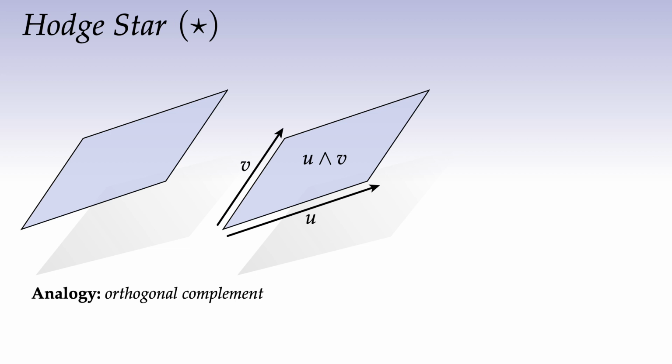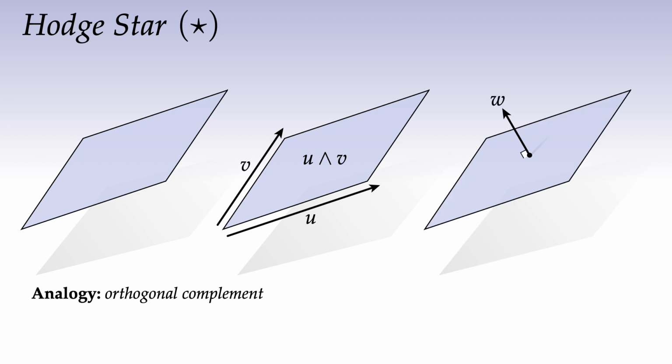But we could provide that exact same information by just giving one vector, w, and saying my 2 form is orthogonal to this vector, and this vector encodes the direction and magnitude of the 2 form. Right? And the Hodge star is just an assertion that says these 2 different pieces of information encode the same 2 form.